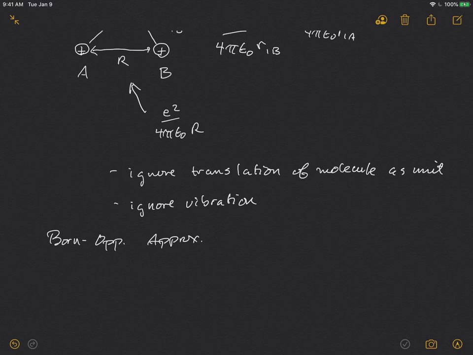That's not really part of the Born-Oppenheimer approximation. However, there is this issue that electrons are small and light. They have a small mass. And so they move relatively quickly relative to these big, heavy nuclei. And so there's a separation of timescales between nuclear motion and electronic motion.